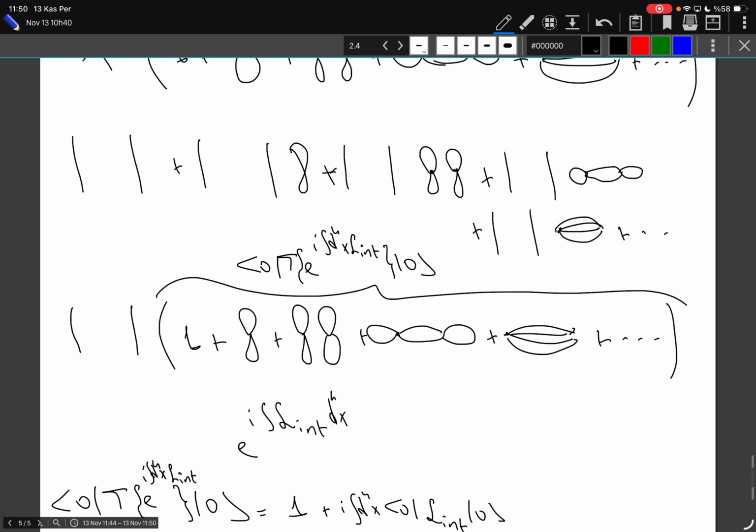What remains is this matrix element, which is actually equal to the sum of the diagrams connected to external legs.